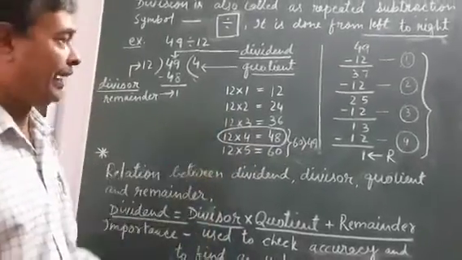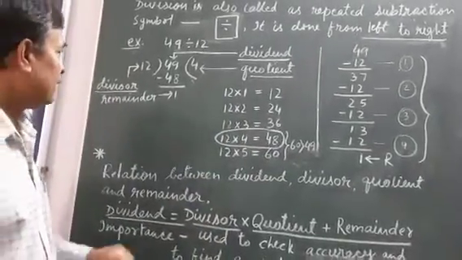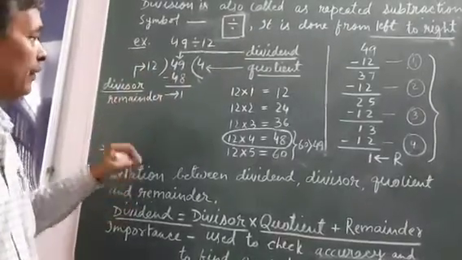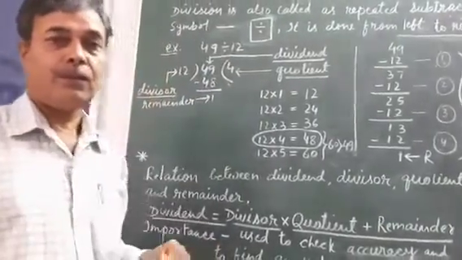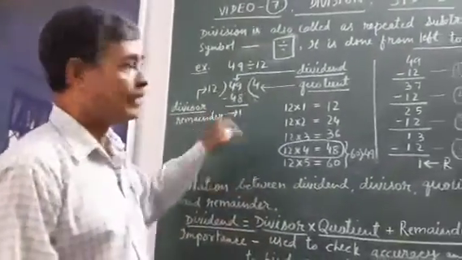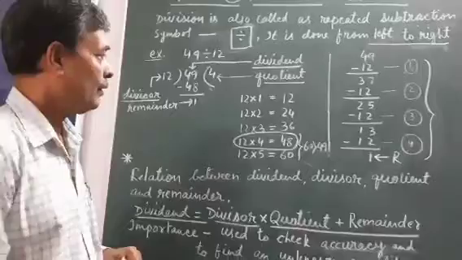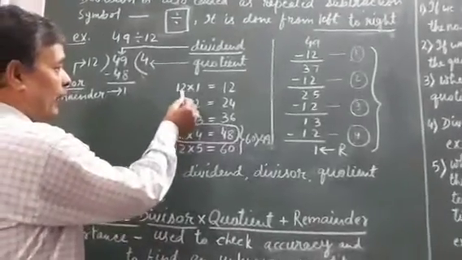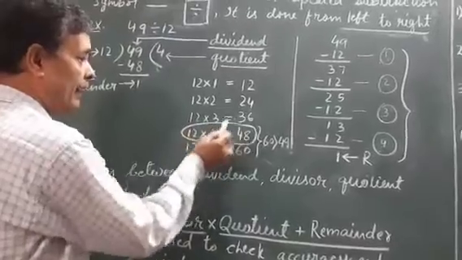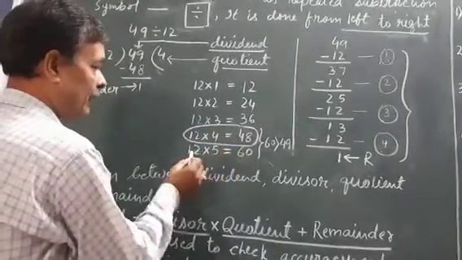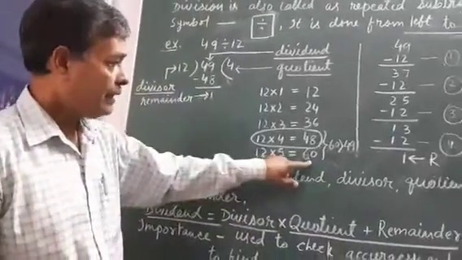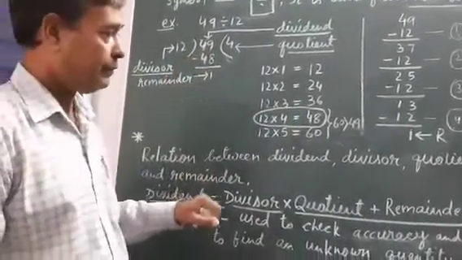You can look here. Children, to divide 49 by 12, we have to find the number which is just smaller than 49. 12 1s are 12, 12 2s are 24, 12 3s are 36, 12 4s are 48, 12 5s are 60. 60 is bigger than 49.